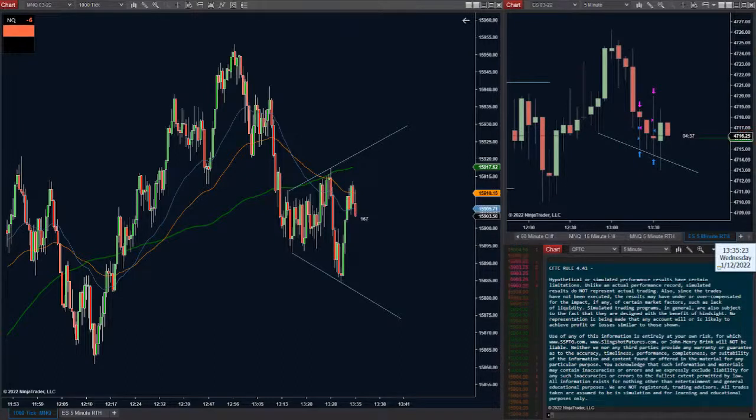Bears coming back in again. Heavy sell side action. Now, this reach down on the S&P almost looks as if they're trying to make a final grab for this falling support here.